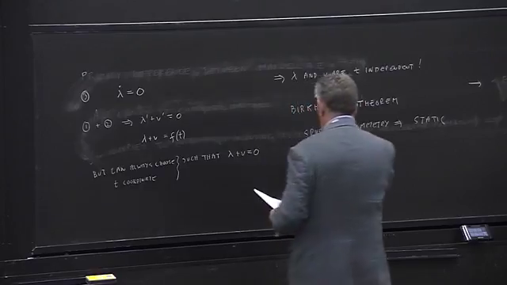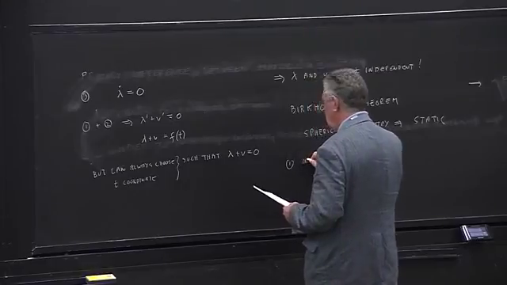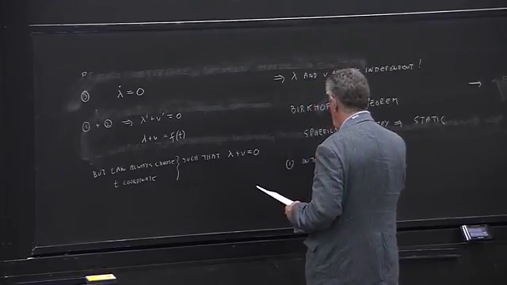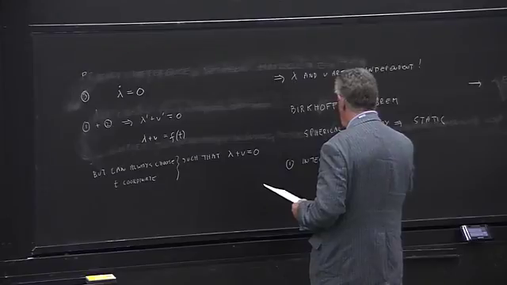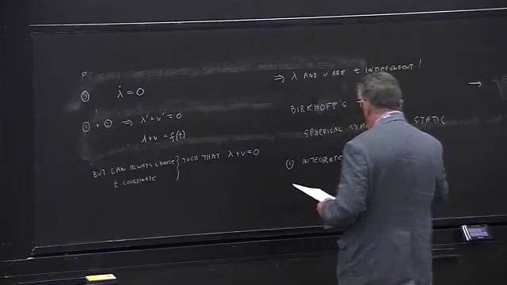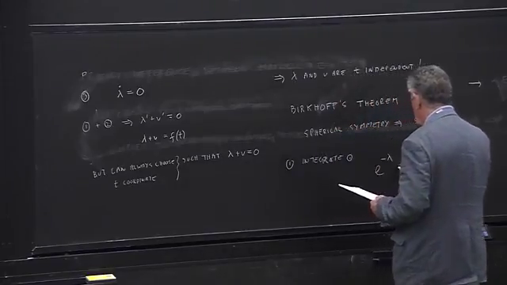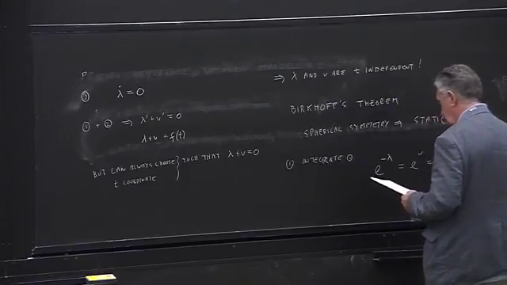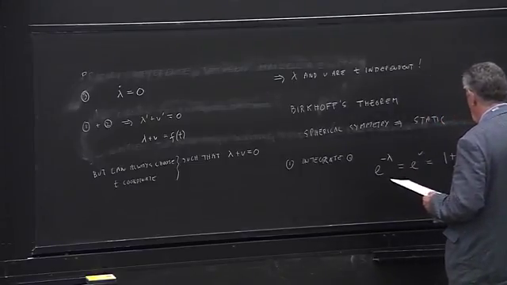And then you can integrate 1 to find that e to the minus lambda is e to the nu equals 1 plus a over r.